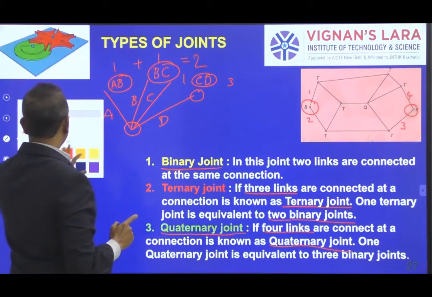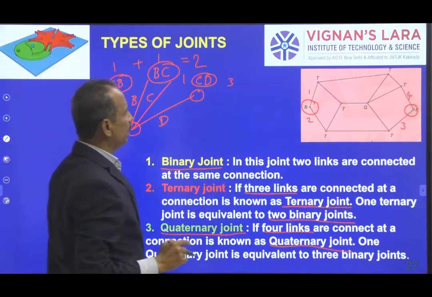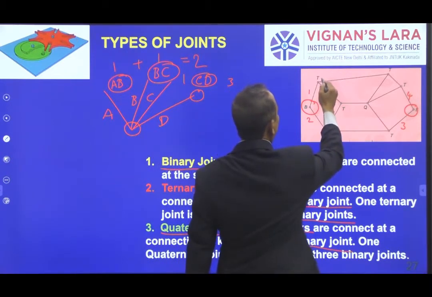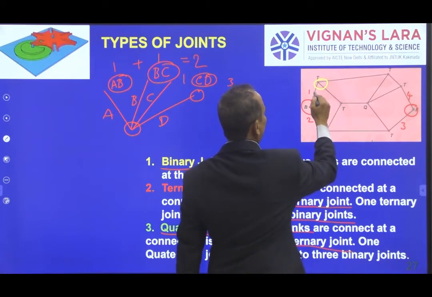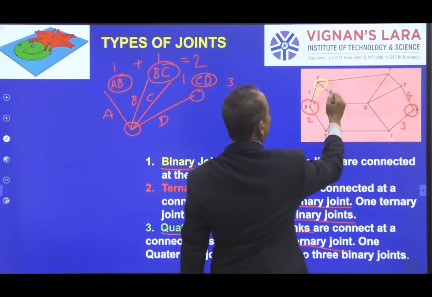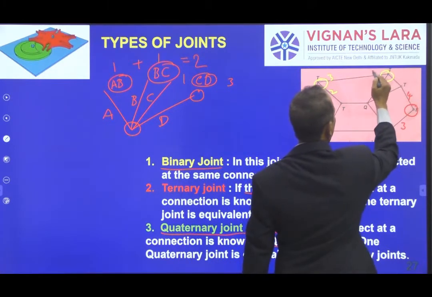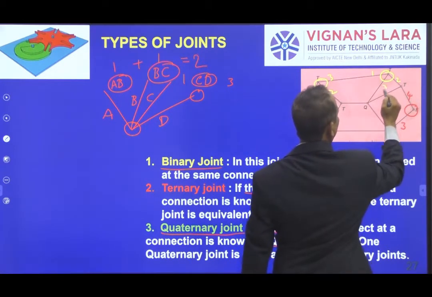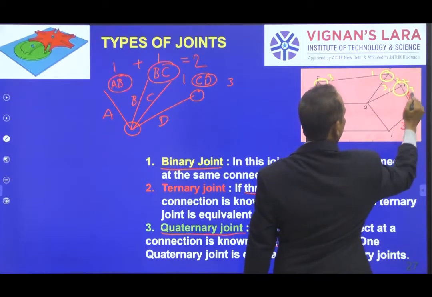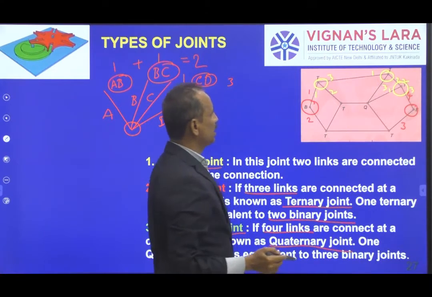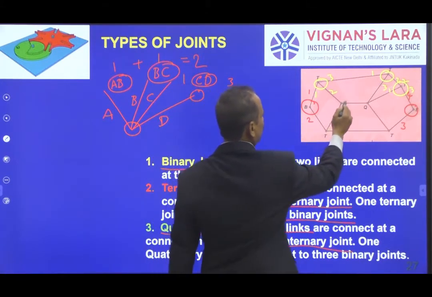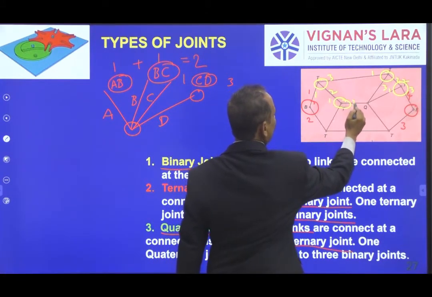Then what about ternary? You can see here 1, 2, 3, similarly here 1, 2, 3, and in a similar manner the other ternaries, 1, 2, 3.